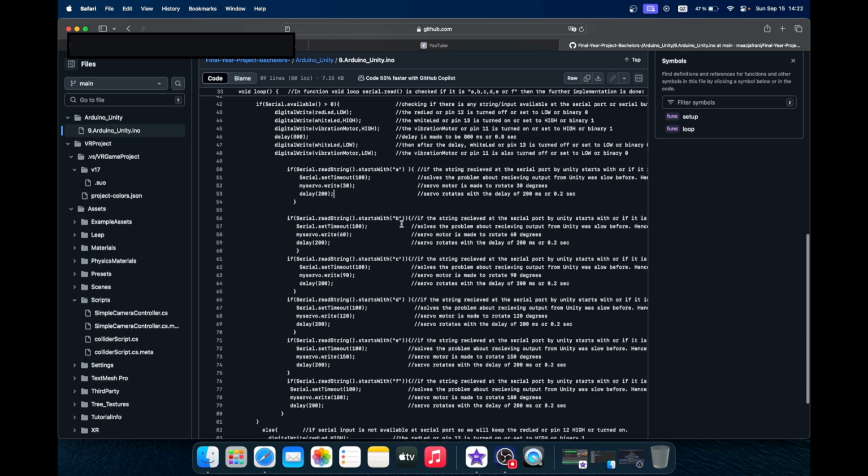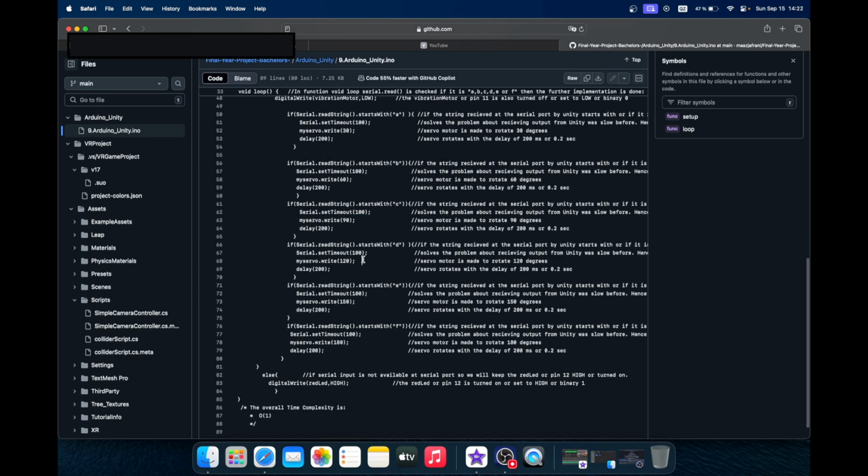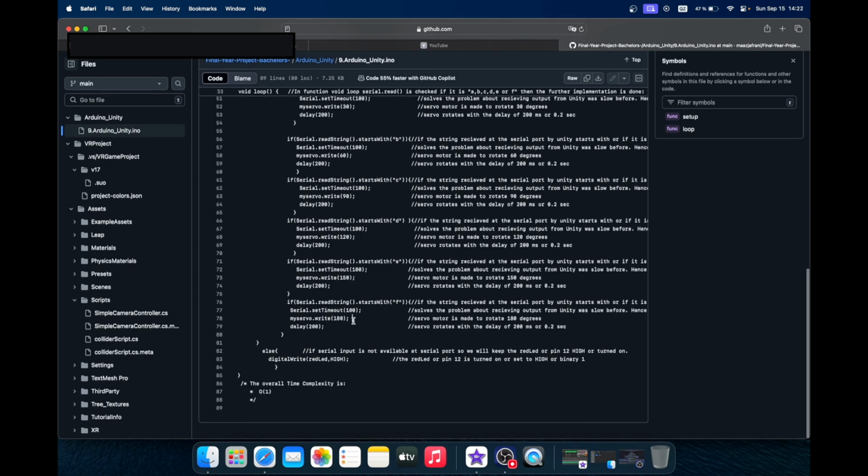Then if it starts with B, that would mean rotate by 60, then 90, 120, 150 and 180. So this is what it basically means.